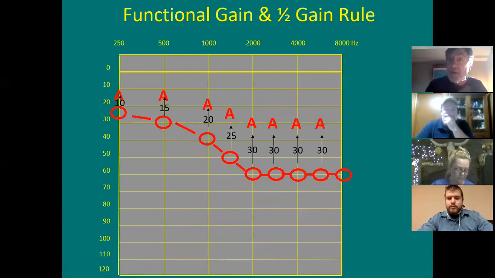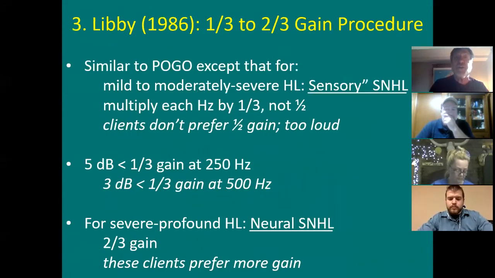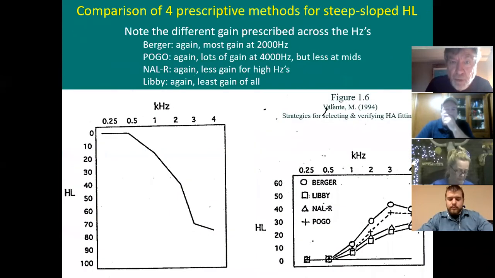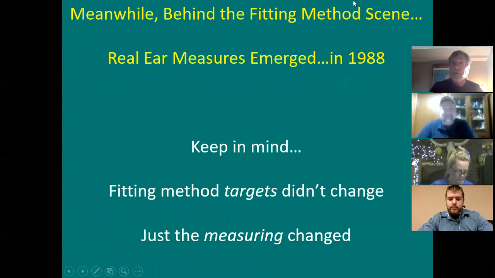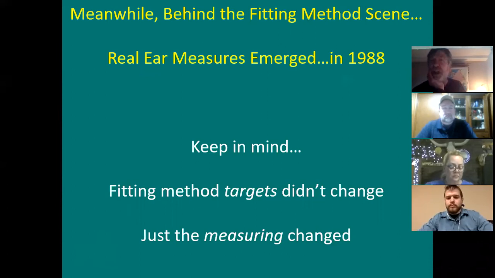And that's why I said when we came down to this slide here, don't get a seizure, I'm flipping them real quick, I know. Meanwhile, behind the fitting method scene, everybody was using functional gain to hit their Berger targets. Can you imagine how long a hearing aid fitting would take?